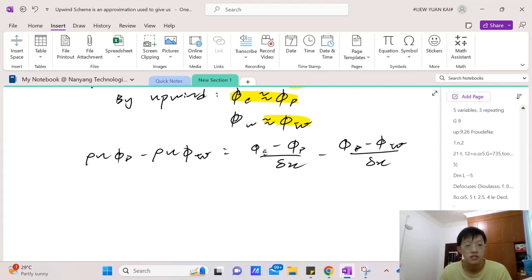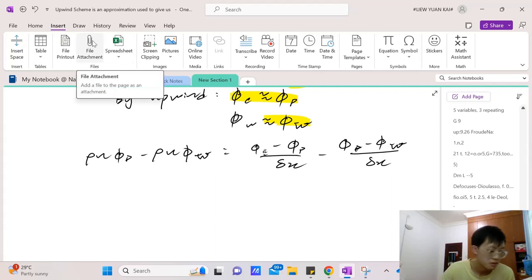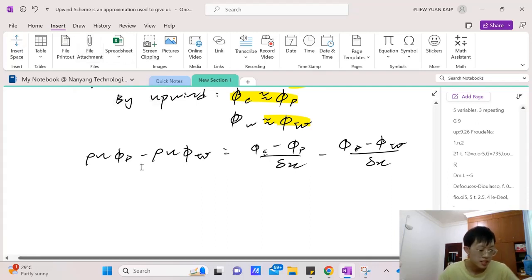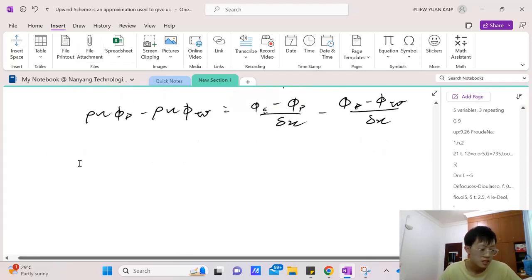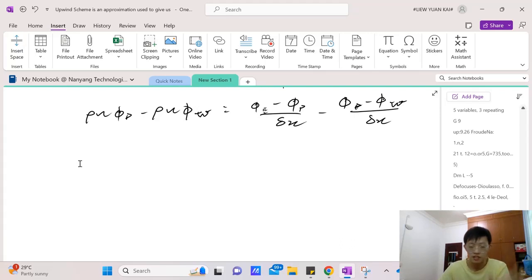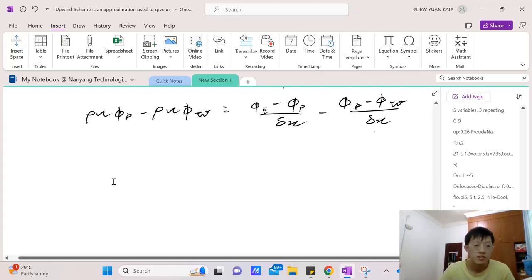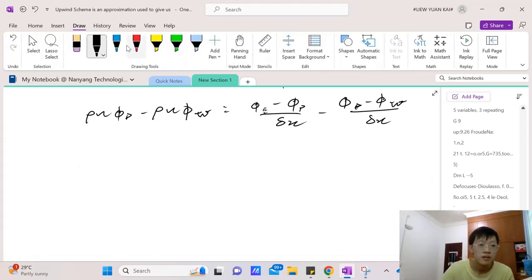Okay, all looks good. So let's go ahead and simplify this problem. I'm gonna put it in the standard form, which is on the one hand side just constants, and on the other side we have phi W, phi P, phi E. Okay, so let's go ahead and do that.